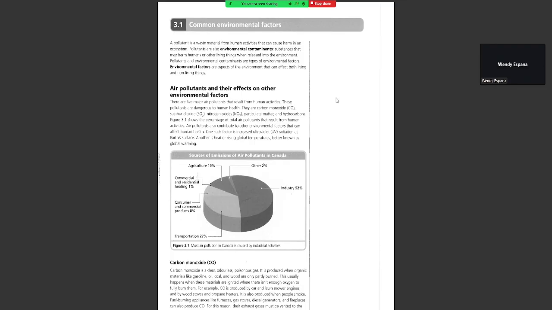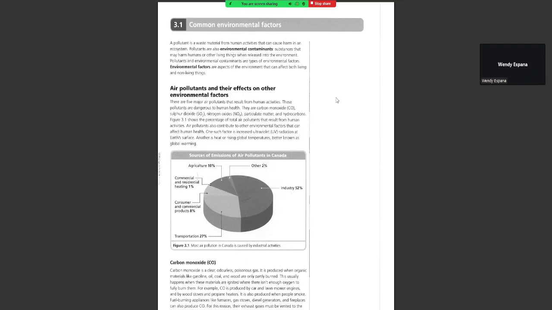Okay, if you look on page 61, there's a good figure, 3.1, and it's showing what contributes to air pollution in Canada. What is the source of this air pollution? You can see there's lots there. There's agriculture, 10%, that's most likely methane.